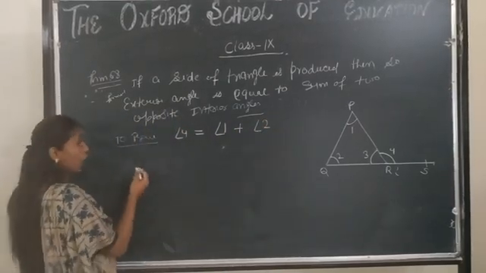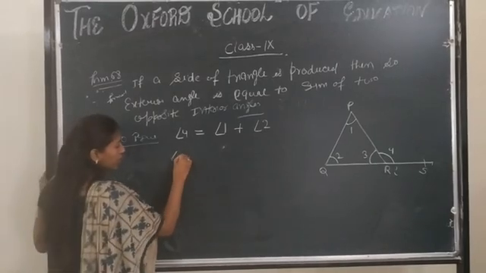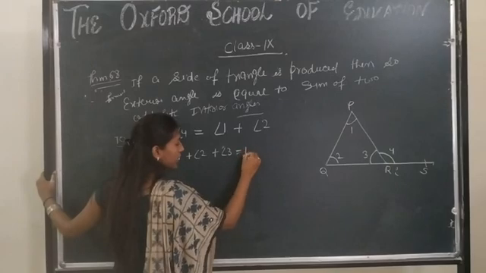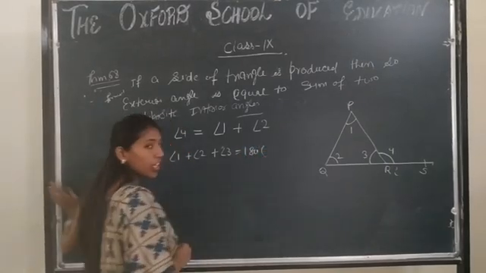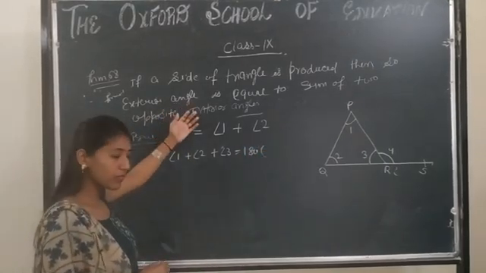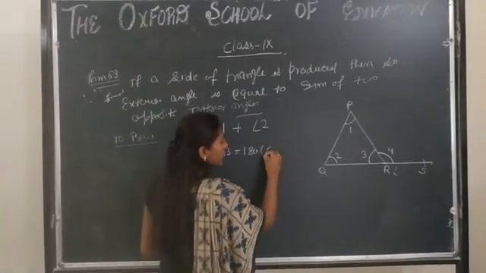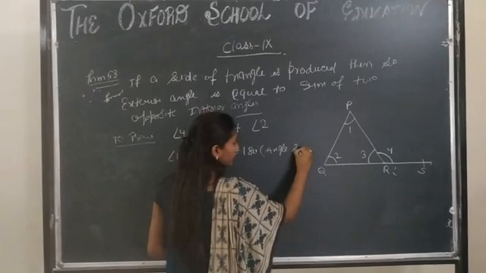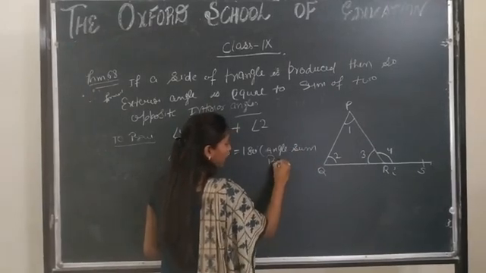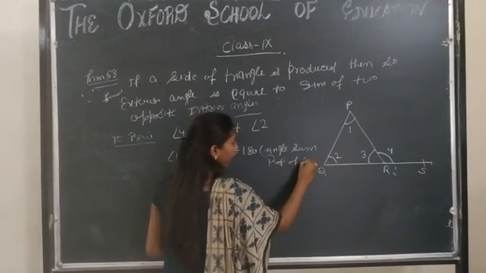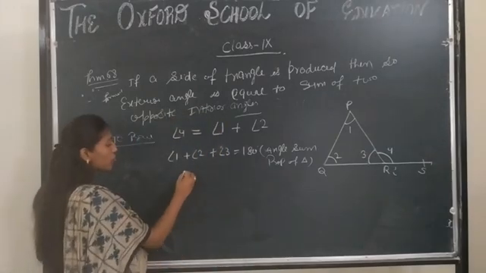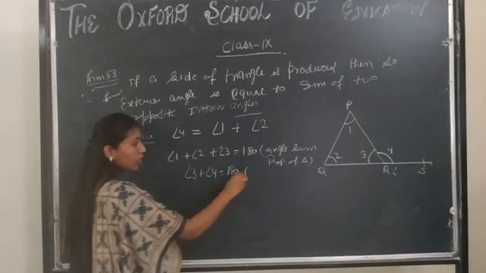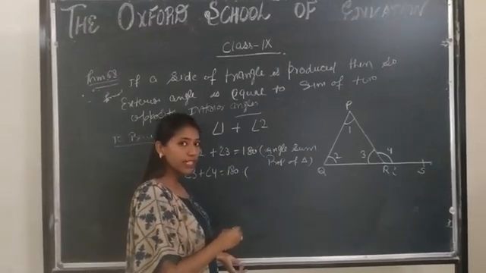So how will we prove this theorem? We have the result, angle 1 plus angle 2 plus angle 3 is equal to 180 degree, which we proved in the previous one. Reason: angle sum property of triangle. Also angle 3 plus angle 4 is equal to 180 degree. Why so? Because it is a linear pair.